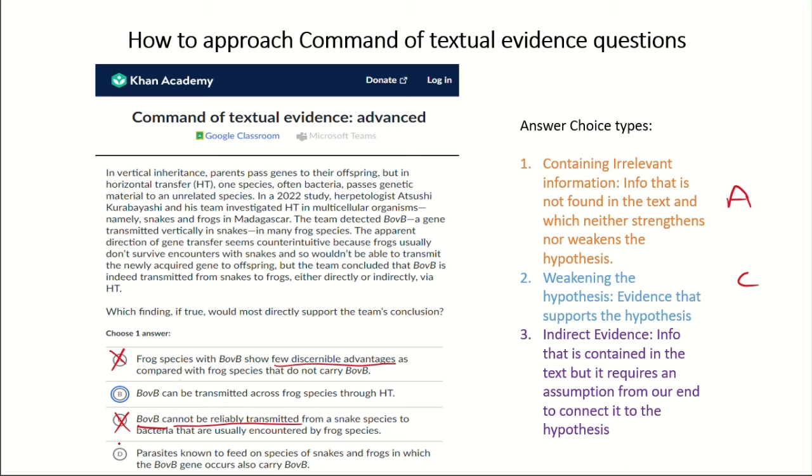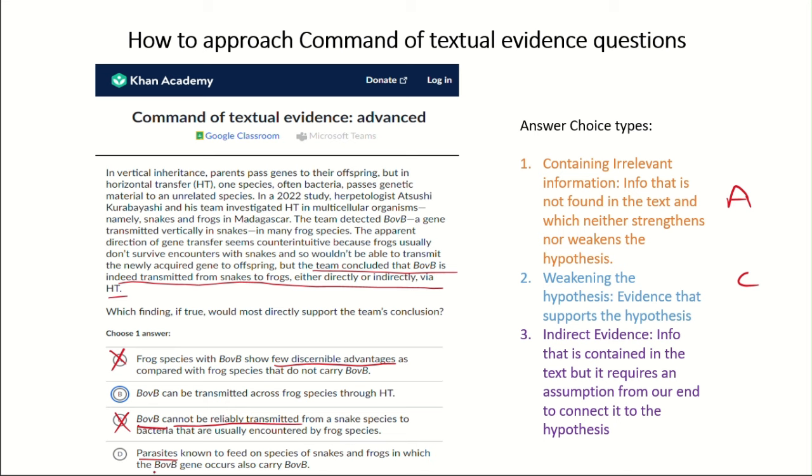Now between B and D, let's read D. Parasites known to feed on species of snakes and frogs in which the BOVB gene occurs also carry BOVB. The word parasites is not mentioned in the text, but what is mentioned in the conclusion is that either directly or indirectly BOVB is transmitted, right?